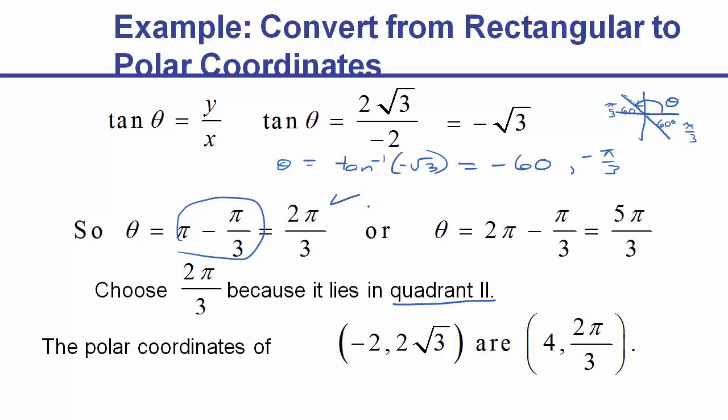Or if we go all the way around to 2 pi and then subtract pi over 3, that puts us in this direction. So this angle is giving us the line that's facing in that direction. This angle gives us the line that's facing in this direction.